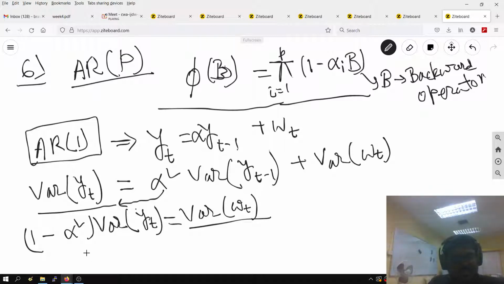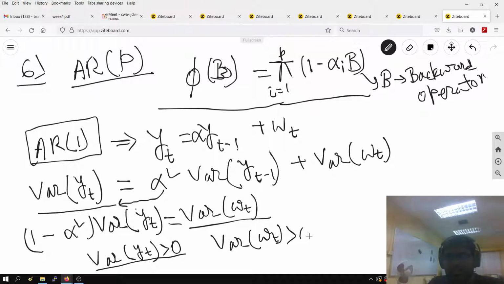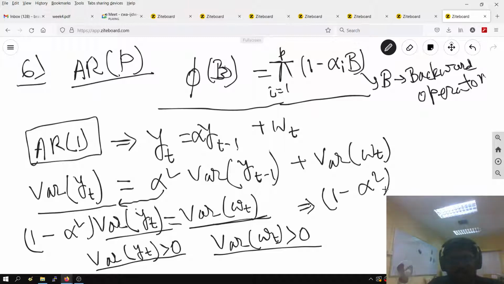Now we know the variance of Y_t is always positive. Variance cannot take negative values. Variance of W_t also cannot take negative values; it is also positive here. If this side is positive and this side is also positive, what does that mean? This means that 1 minus alpha square should be greater than 0, that is, mod of alpha should be less than 1.